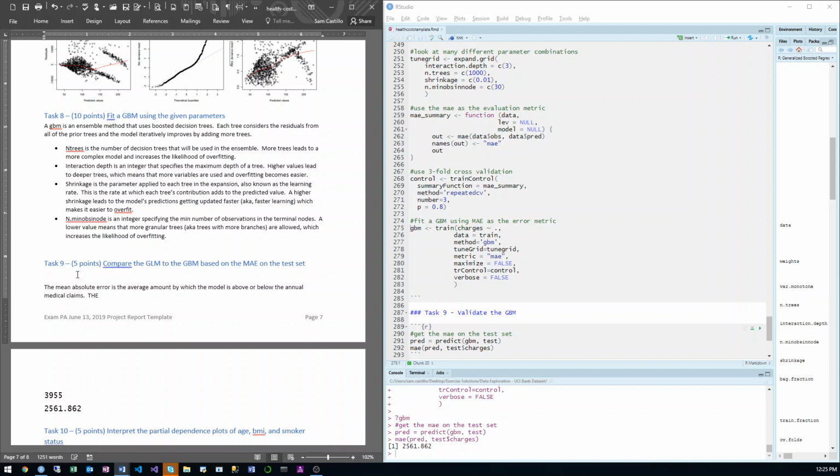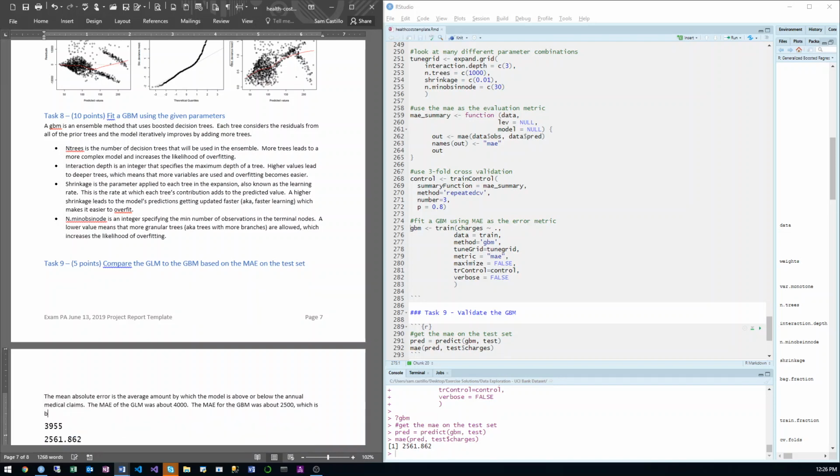The MAE of the GLM was about 4,000, but the MAE for the GBM was about 2,500, which is better.